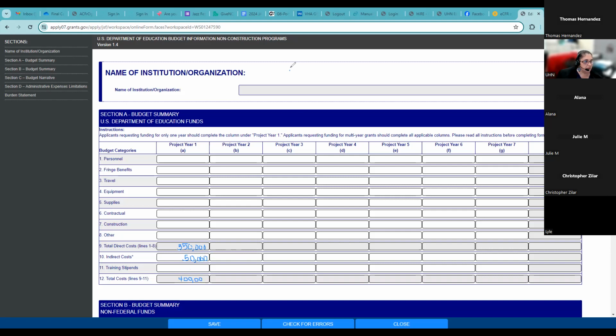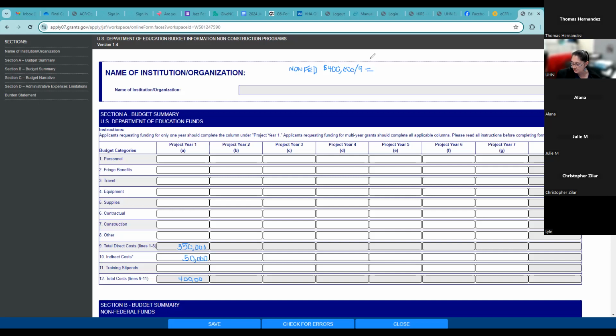So then when we're pulling the non-federal, it is the 400,000 divided by 9.